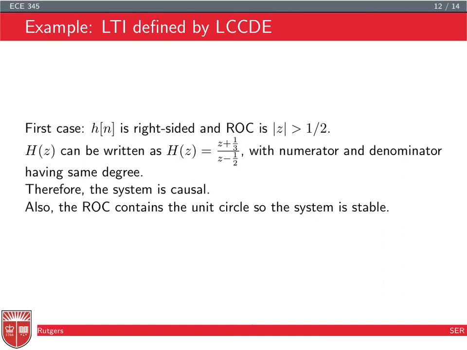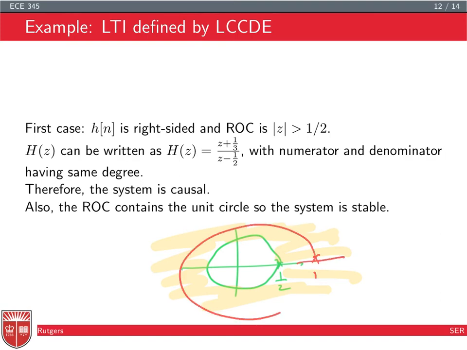To summarize what we did so far, this is the ROC here. It's the exterior of the circle here, and the exterior contains the unit circle, which means that the system is stable. And since the ROC is the exterior of a circle and the degree of the numerator is less than or equal to the degree of the denominator, it is also causal.